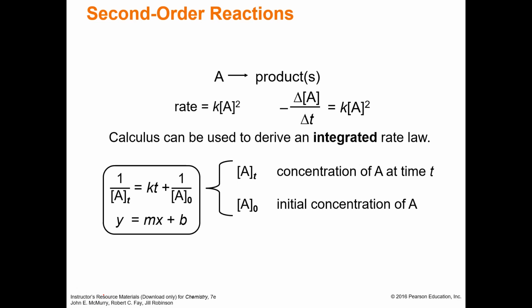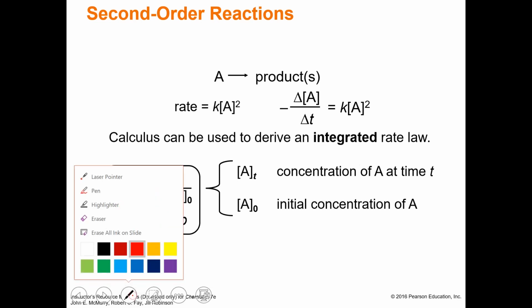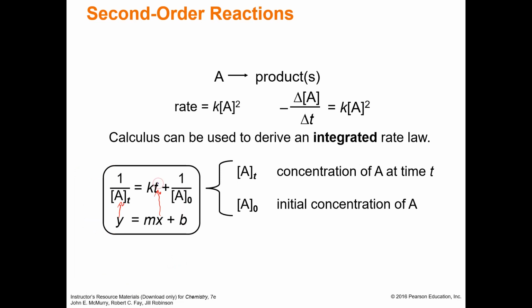So we can use this to derive an integrated rate law, and we're just going to get to the integrated rate law and not worry about the calculus of getting there. So we plot T as X, and we plot 1 over the concentration of A as Y. K is equal to the slope, and 1 over the initial concentration is our y-intercept.